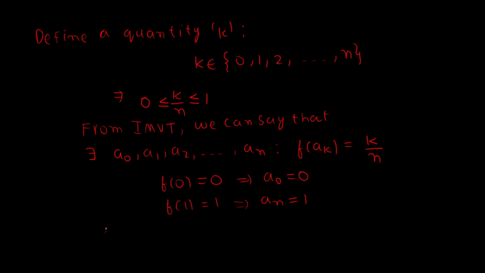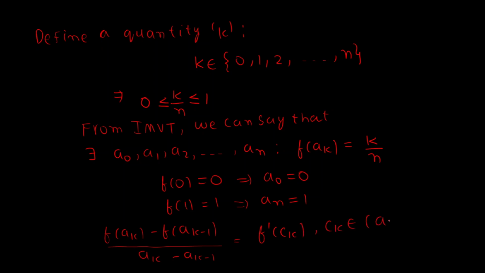I'll get (f(ak) - f(ak-1)) / (ak - ak-1) is equal to f'(ck), where ck belongs in between ak-1 and ak.